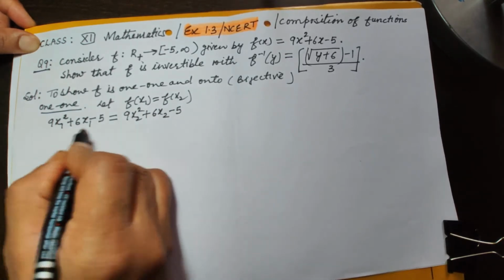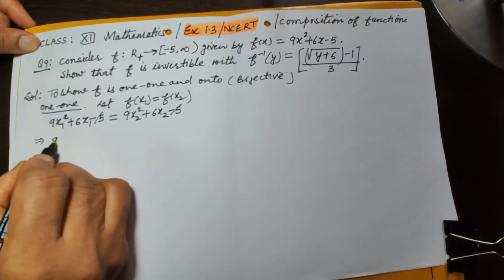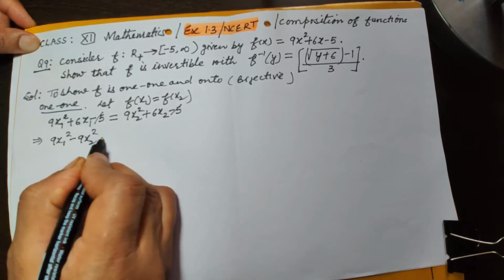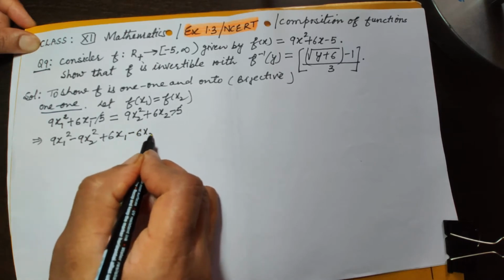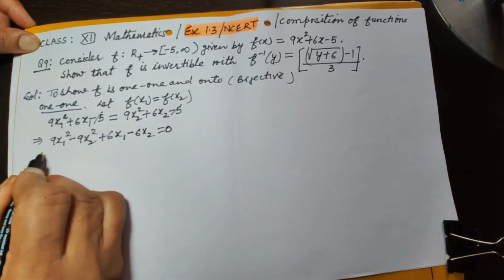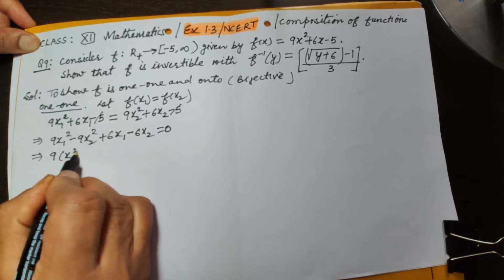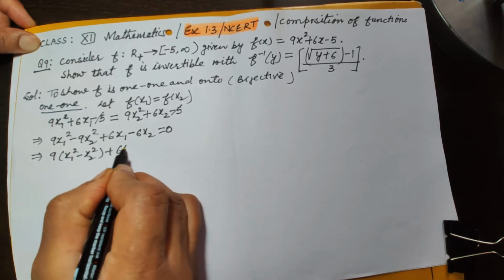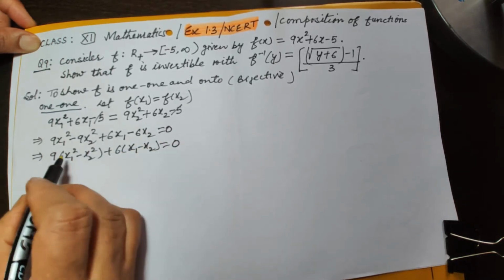Simplify this expression. Minus 5 cancels out. 9x1 square minus 9x2 square plus 6x1 minus 6x2 equals 0, which implies 9 times (x1 square minus x2 square) plus 6 times (x1 minus x2) equals 0.